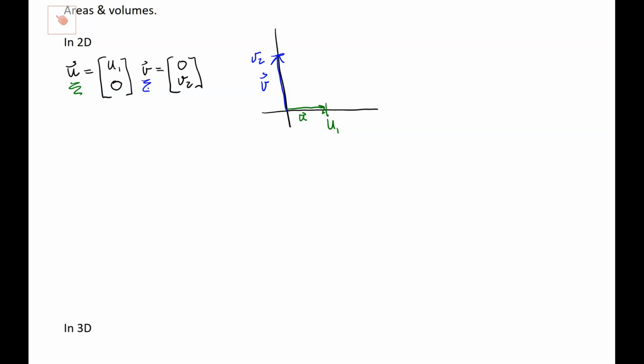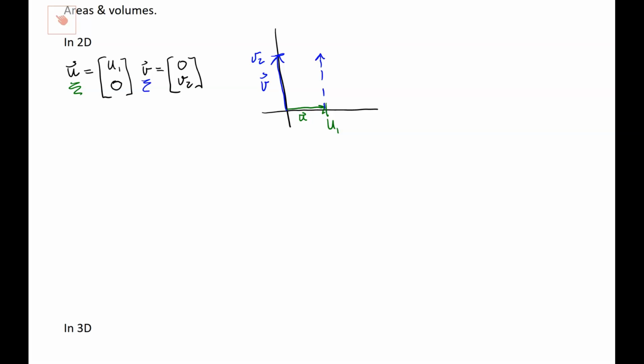Okay, so here I've drawn u and v, and maybe you can see why I wanted to use this special case. These 2 vectors lie along the coordinate axes. Now let's look at the parallelogram that's determined by these vectors. To find it, I'm just going to take a copy of the blue vector v, move it over, and put it so the tail of the v vector is situated right at the tip of the u vector.